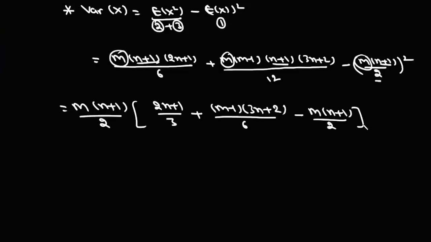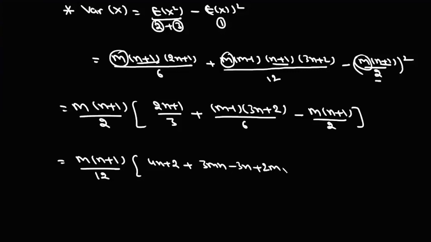Now we take this LCM, then we can write m into n plus 1 by 12, and here will be 4n plus 2 plus 3mn minus 3n plus 2n minus 2, and then here we'll have minus 3mn minus 3n.